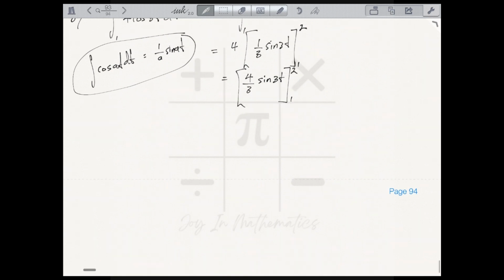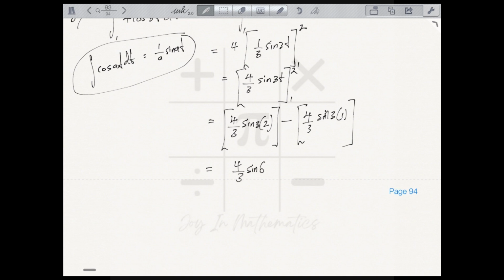So the first thing we will do is to substitute our upper limit. So putting our upper limit, we'll have sine 3 into 2 minus our lower limit, which is 1, and we substitute it into t, and that gives us sine 3 into 1. So this gives us 4 over 3 sine 6 minus 4 over 3 sine 3.